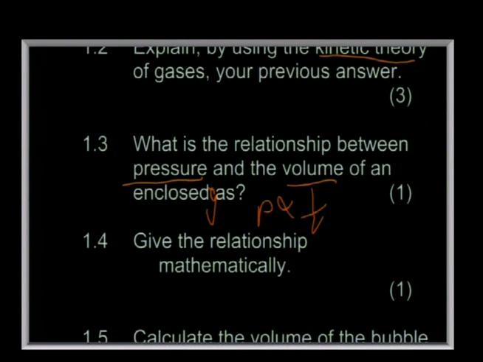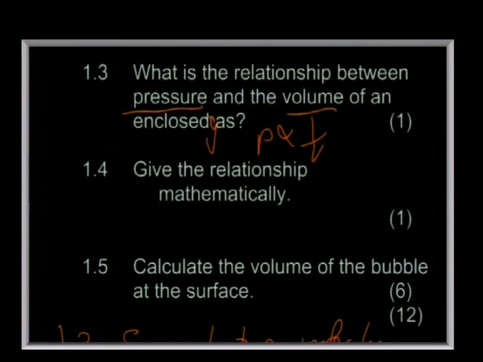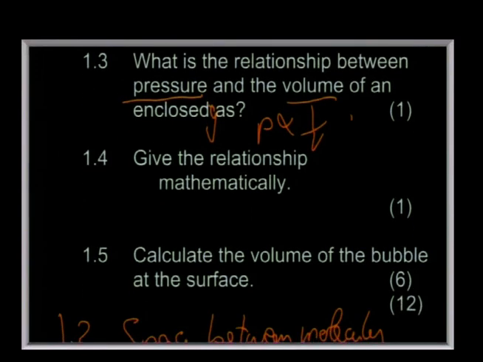So that's from Boyle's law, and if we have to write it, we can write it in words and say that they're inversely proportional. Write out the full thing. Don't ever say indirectly proportional. It's not. It's inversely proportional. So make sure you get that right.